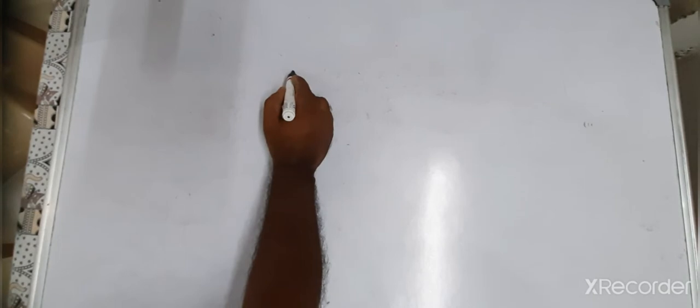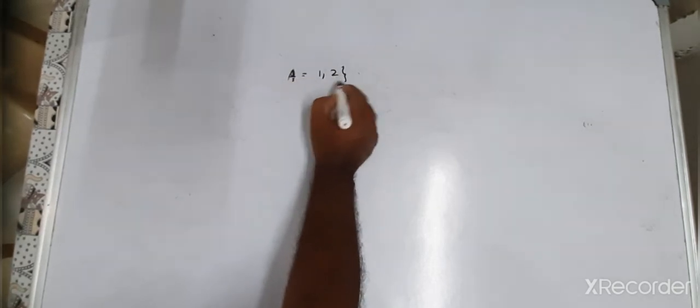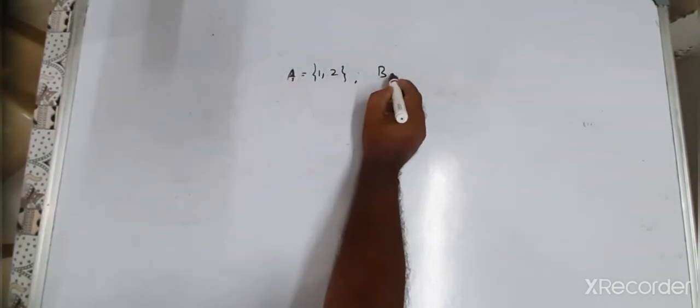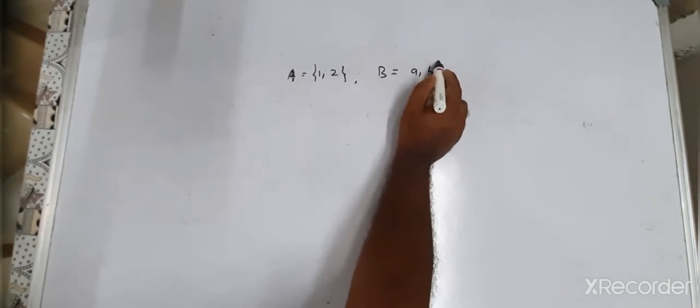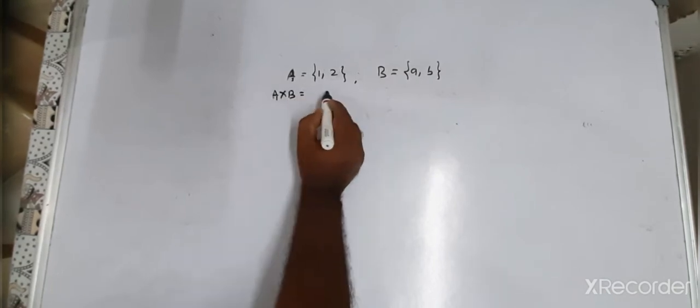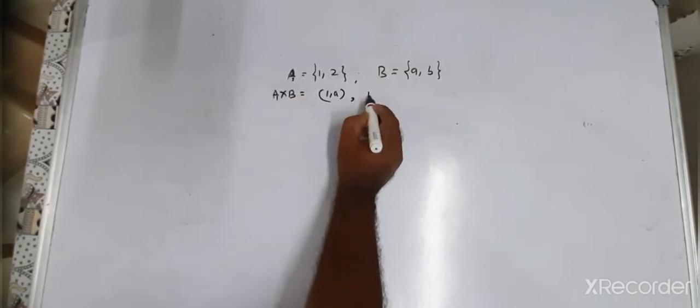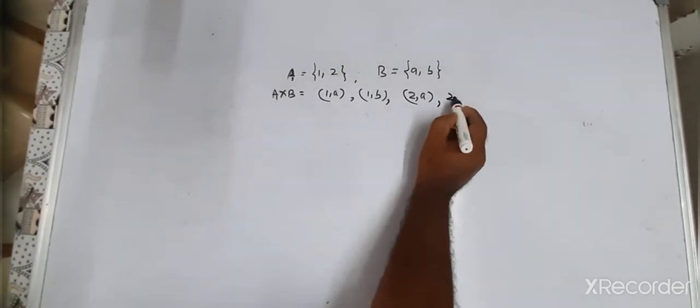Now consider two sets. A contains 1, 2. B contains a, b. Then A cross B equals 1a, 1b, 2a, 2b.